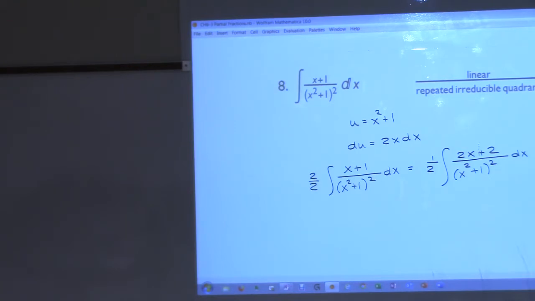Are we okay up to this point? So this one's check, that we could do. We're not even going to think about that one anymore. We're going to think about this one.